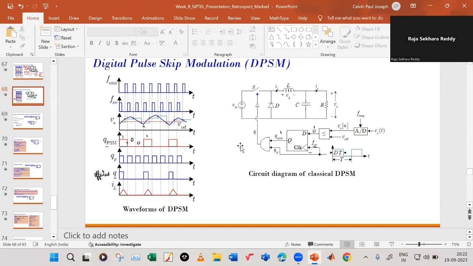Even though the QPSM needs to change, it is waiting until the clock. And this is actually required because we don't want it to randomly change suddenly in between. Suppose it becomes 0 over here, then the pulse will be of this magnitude. But our desired thing is a fixed pulse.